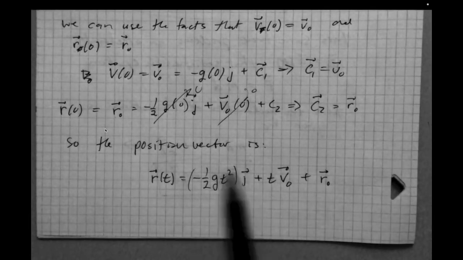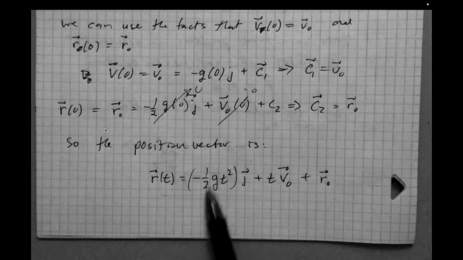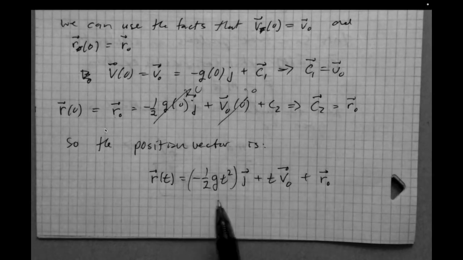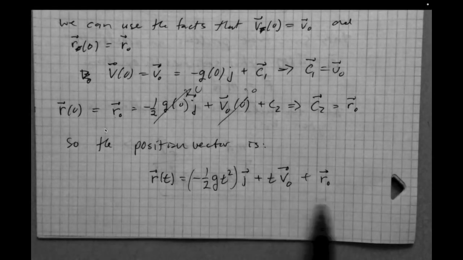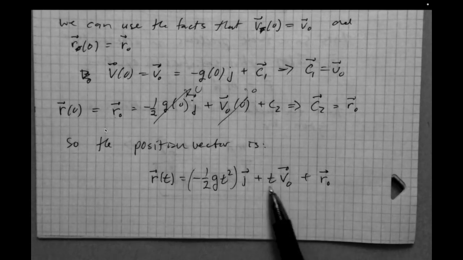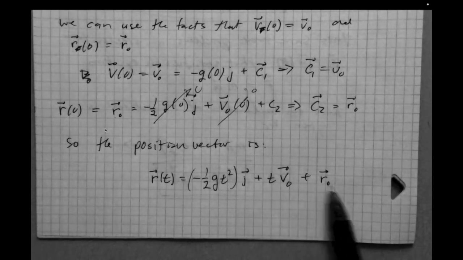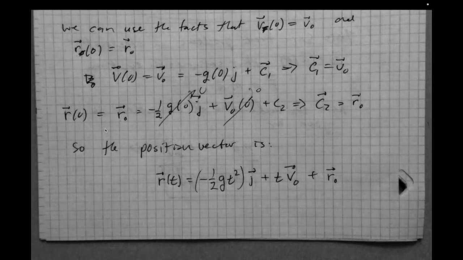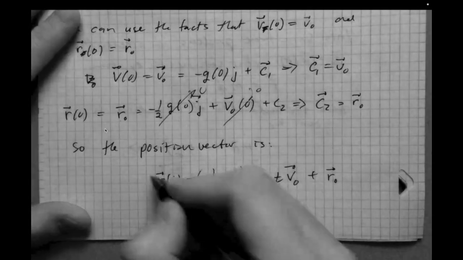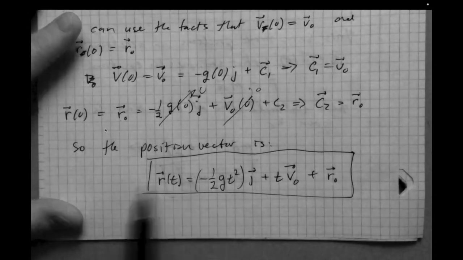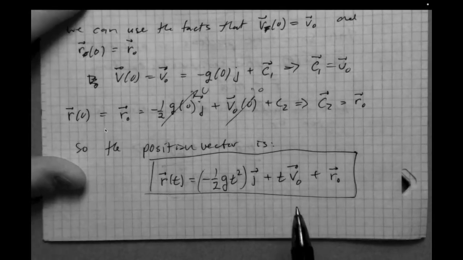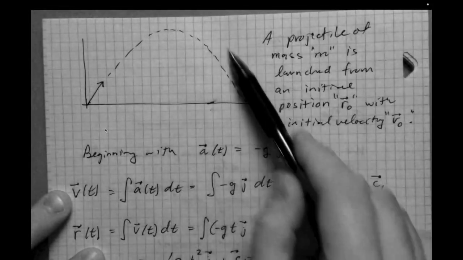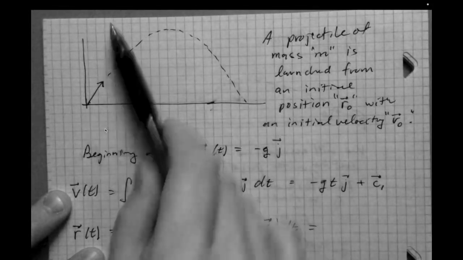So this coordinate just gets plugged into the j coordinate, and then you add v naught, a vector times t, and r naught, which is a constant vector. You add all of those together to get the position. What this describes is, for any time t, where we are in the coordinate system with regard to this path.